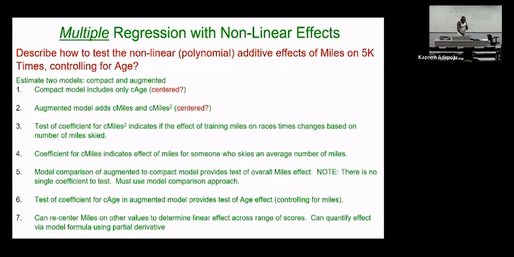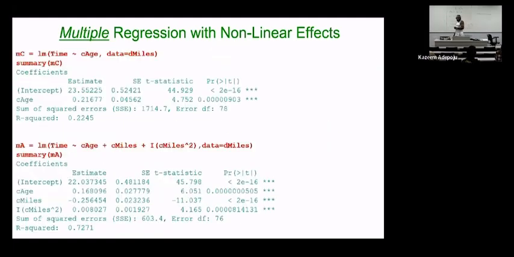Then we're going to do so many things, but let me just take you to the results. Let me talk about the first one. In the first one, I'm only looking at the effect of age on the time you turn in when you run 5,000 miles. Does that make sense? Age is significant when you look at the p-value. The R square was 0.22.